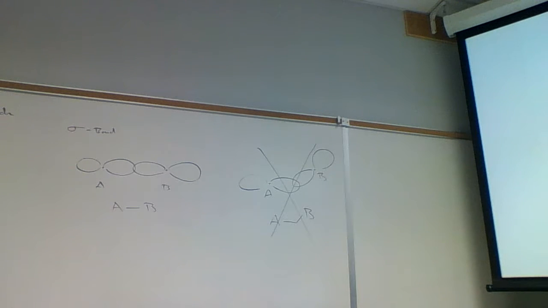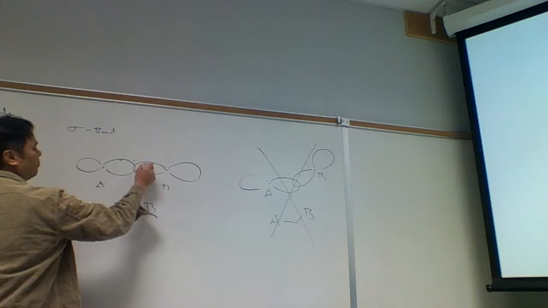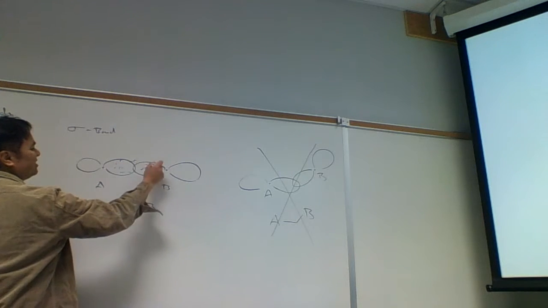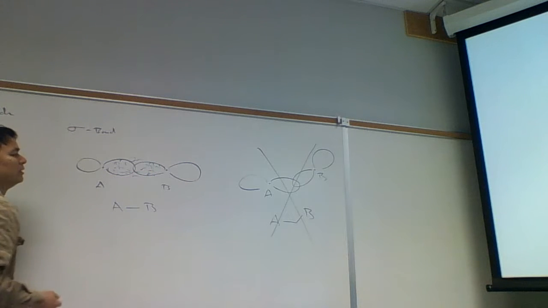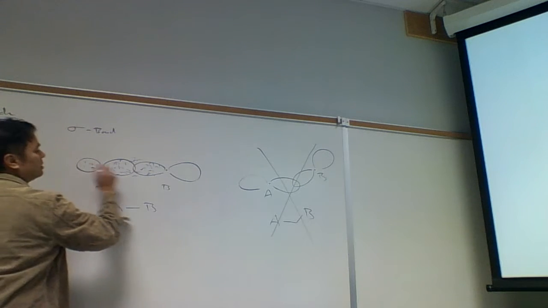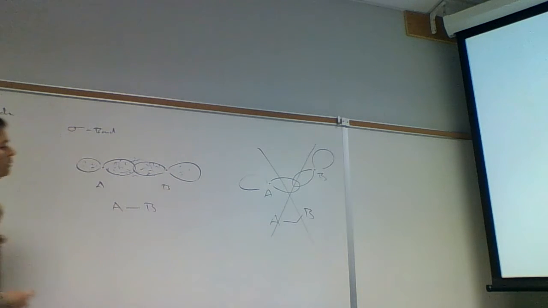In fact, there's a node along the internuclear axis, so no electron density is to be found there. The electron density is concentrated in different parts of the molecule. Here the electron density is concentrated here. There's going to be some electron density here and some here, but you can see in the overlap region there's going to be greater electron density.